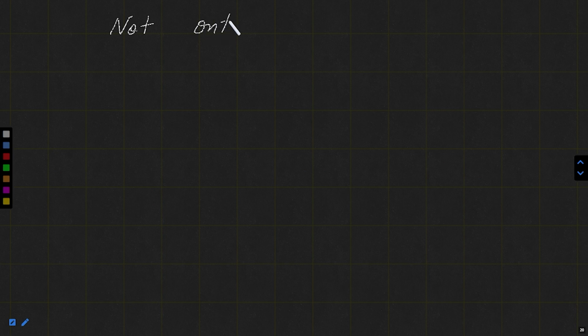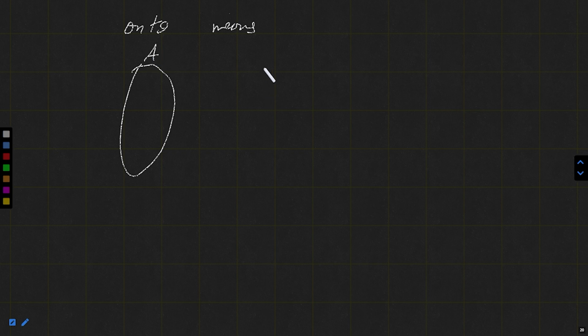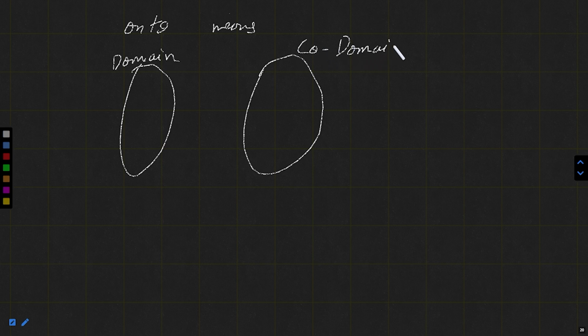Not onto means, okay, first of all, what do we mean by onto? Onto means I have the domain set and the codomain set. Domain set elements are like this and codomain set elements are like this.